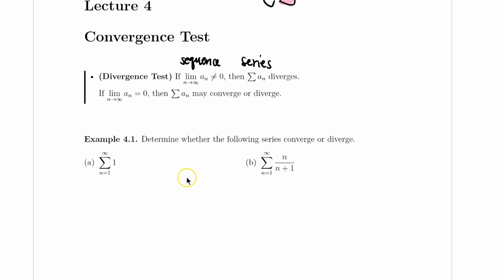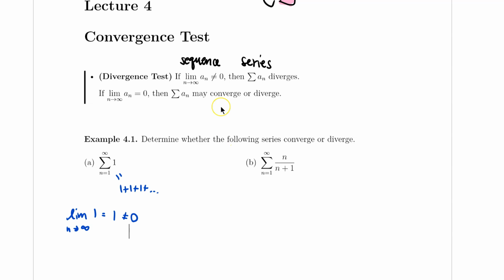For example, if we take a look at this one, this is something that we have seen already. This is just the sum of a bunch of 1s, and the limit of 1 is just going to equal 1, which is not 0.